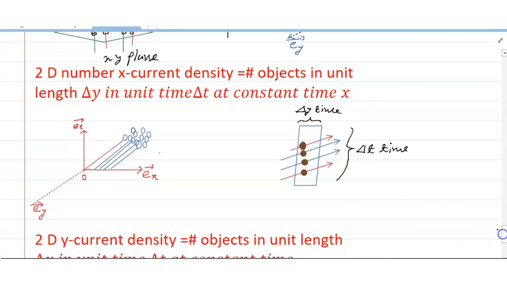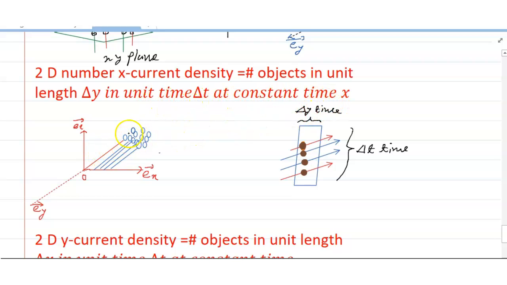Now the 2D x current density is the number of objects in unit length del y in unit time del t at constant x.